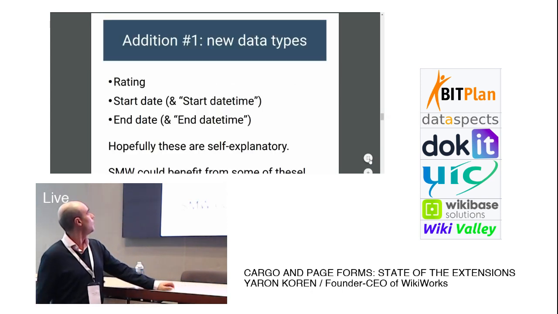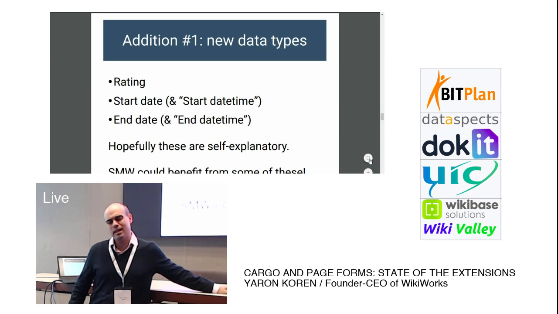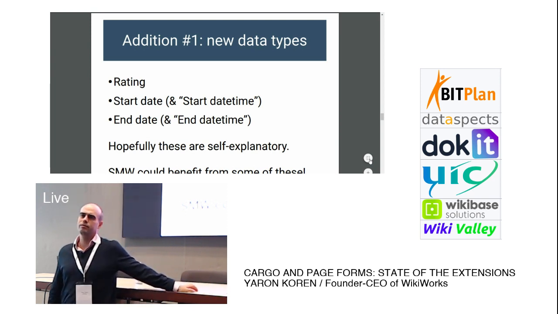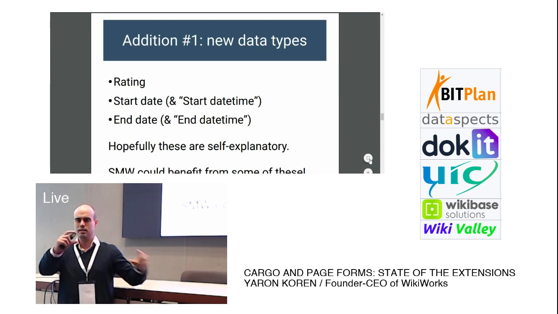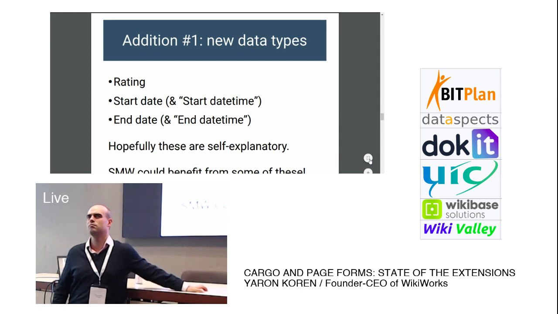Additions to Cargo: some new data types were added. Rating is just like an integer, a 1 to 5 or whatever it is thing, but it has a star. Within Page Forms, there's also a rating input type. Maybe I should have mentioned that.